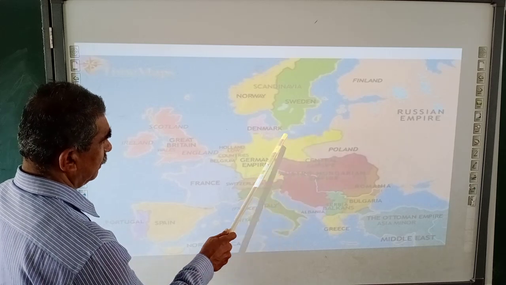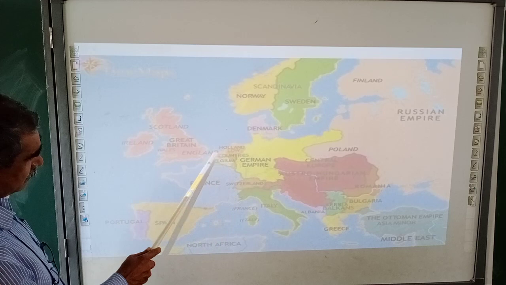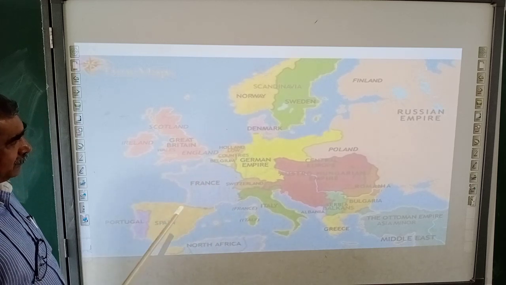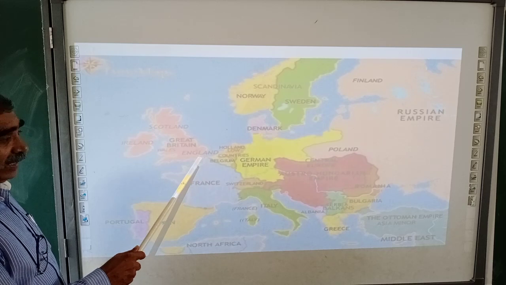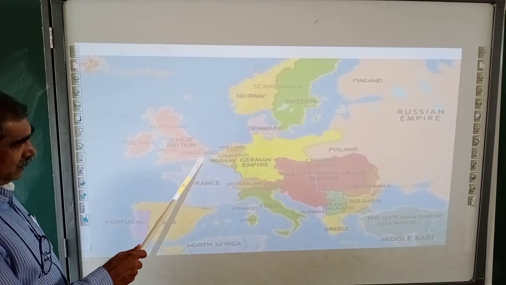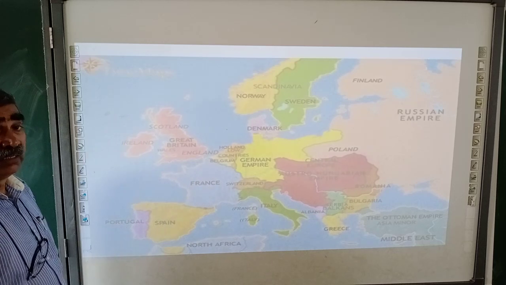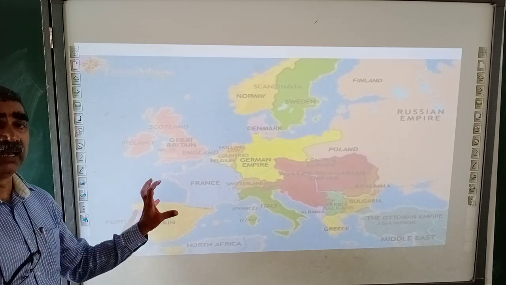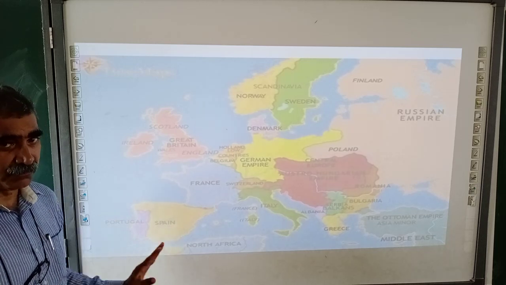This much is Germany. Here you can see France. This is Spain, England. Here is the English Channel that is dividing France and England. England is an island. It is not part of the mainland of Europe.